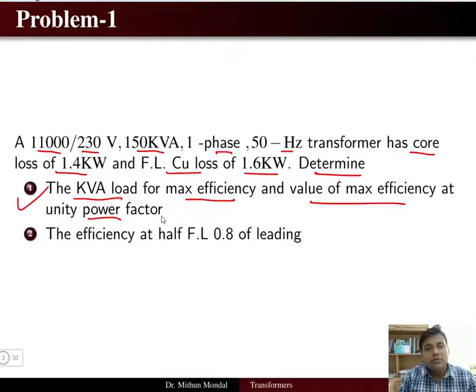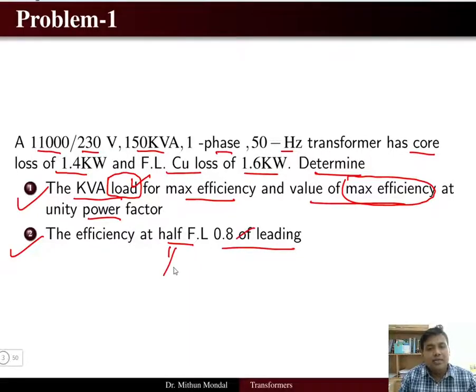So in the first problem, you need to find out the load, what is the kVA of the load, and what is the maximum efficiency of the transformer. The load also you have to determine at the maximum efficiency condition. The second condition is the efficiency at half full load, 0.8 leading power factor.